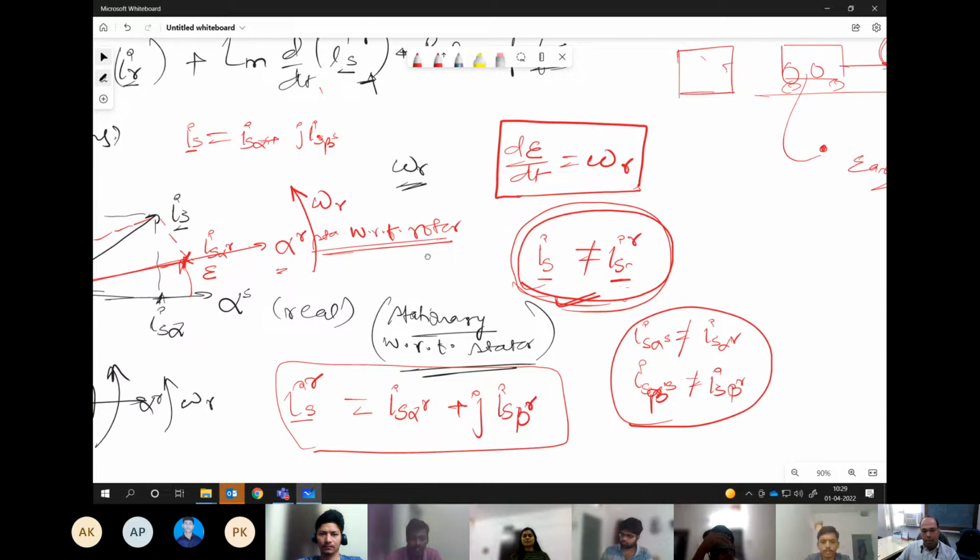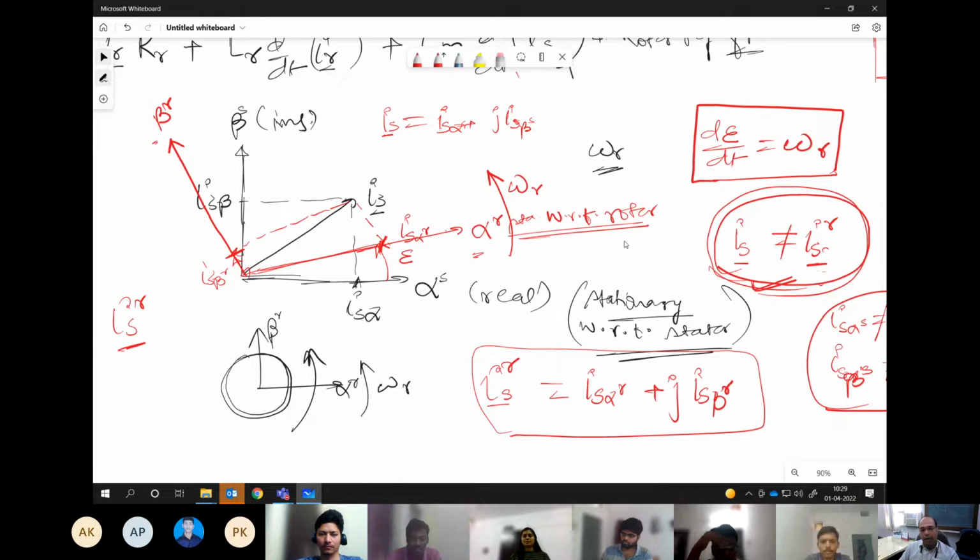This is the similar phenomenon that we are observing over here. The vector is the same, but we are looking at it from a different reference frame. This vector is rotating, but with respect to alpha s, beta s, with speed say omega s, the synchronous speed. Now you have another reference frame which is rotating with omega r, so this speed will not look like omega s.